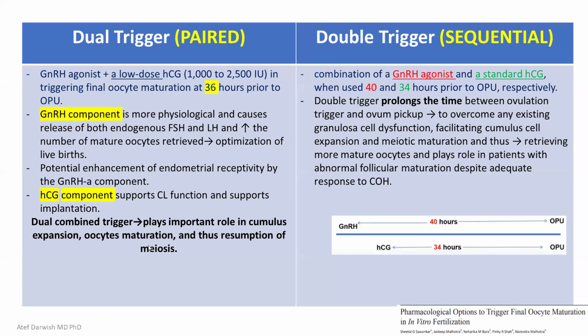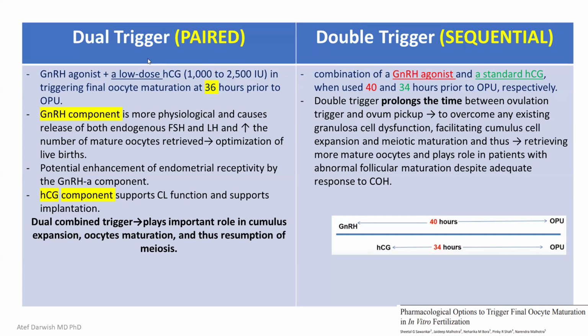We can use another type of triggering, which is a combination, not a single hormone. We discussed single HCG, GnRH agonist, LH or kisspeptin, but we can give a combination of GnRH agonist and low dose of HCG, which is paired or dual triggering: one dose of GnRH agonist and 1,500 international units of HCG 36 hours before pickup.